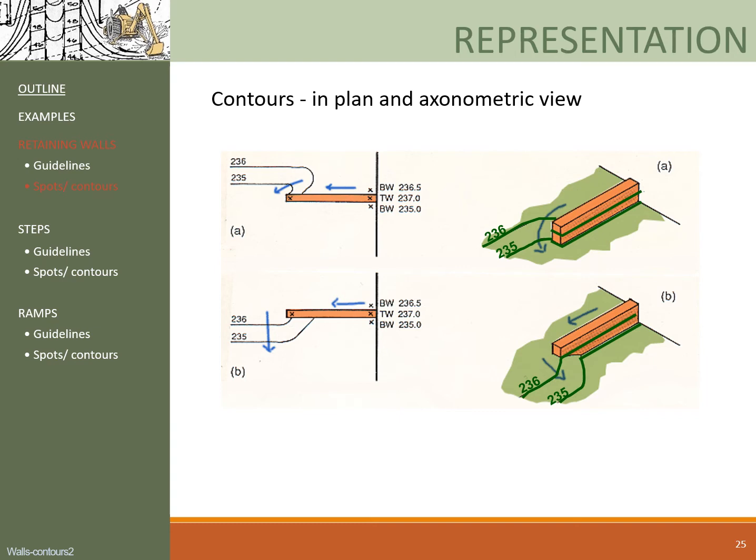From the 3D view on the right, you can see that they continued along the wall or around and then along the wall. Now, we don't really draw those segments of the contours running along the wall on the plan because they would make the drawing cluttered and confusing.